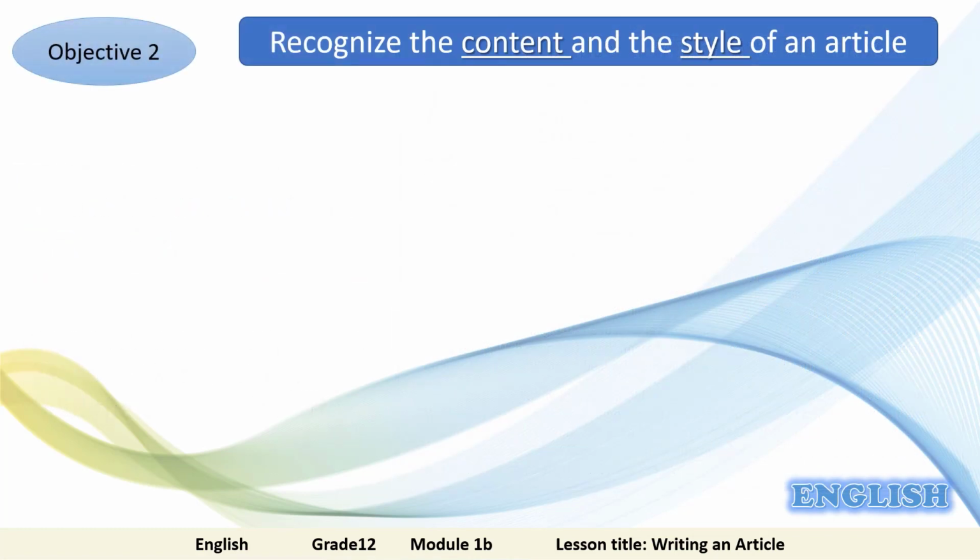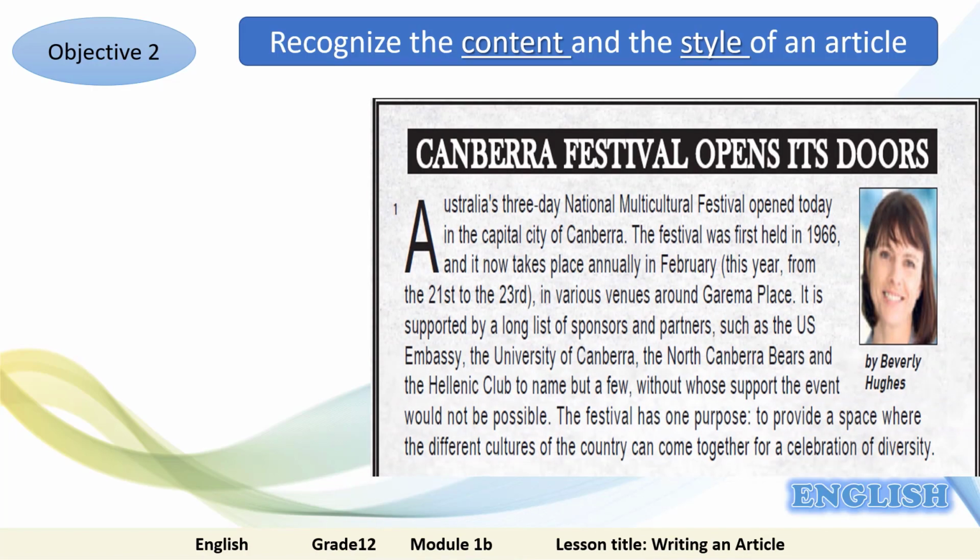Our second objective for today is to recognize the content and the style of an article, the language, and what our article should have. Let's break it down. We have the introduction right here on our right-hand corner.